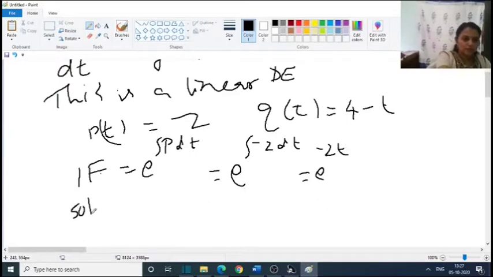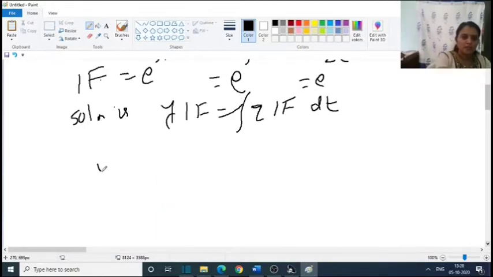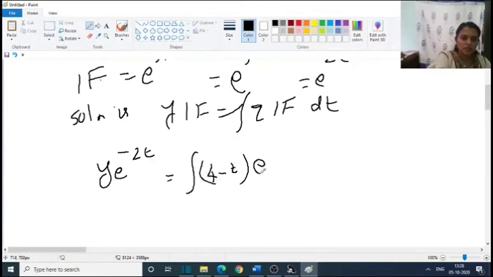Solution is y into integrating factor is equal to integral of q into integrating factor dt, which is y into e raised to minus 2t is equal to integral of 4 minus t into e raised to minus 2t dt.